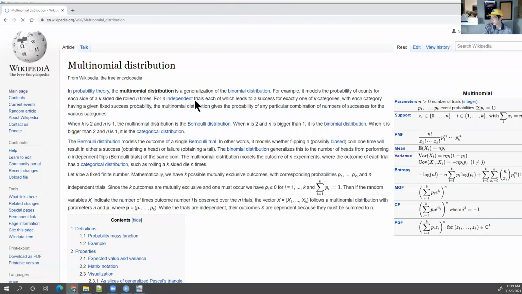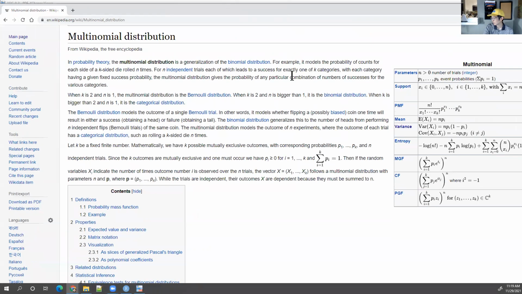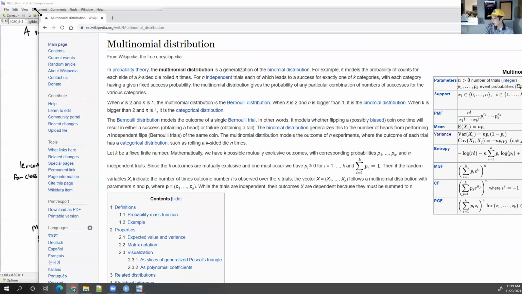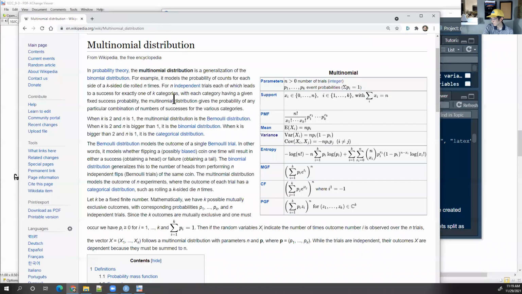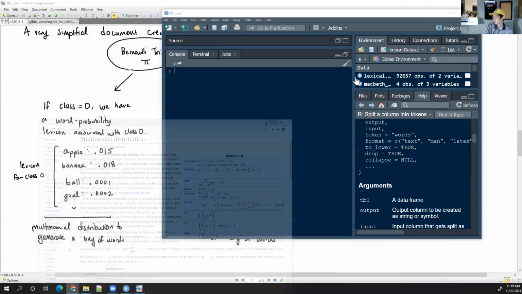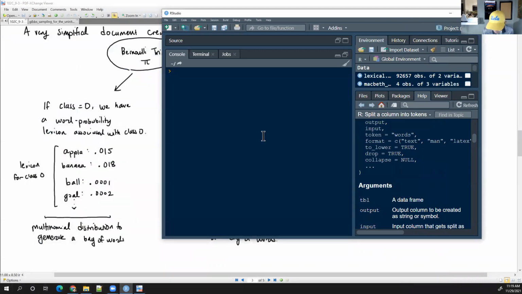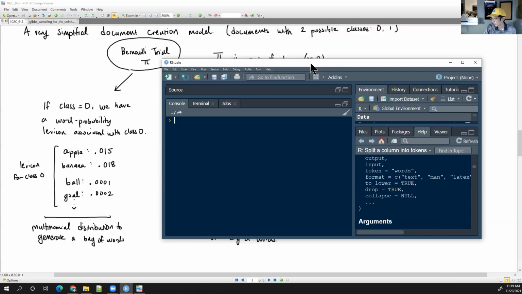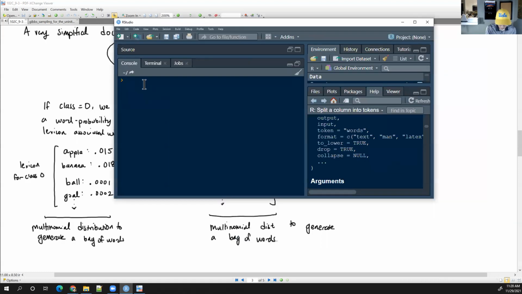The multinomial distribution is a generalization of the binomial distribution. For example, it can model the probability counts for each side of a k-sided dice rolled n times. So it could be like, if you generated n trials or n words out of something, how often will you get each one?